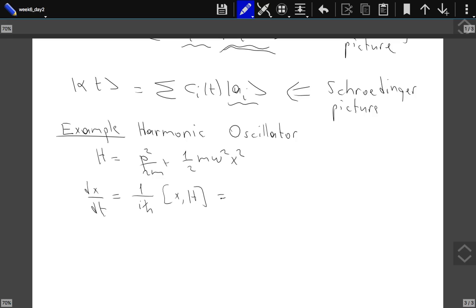Well, we had already done a similar example. This was p over m. What about dp by dt?